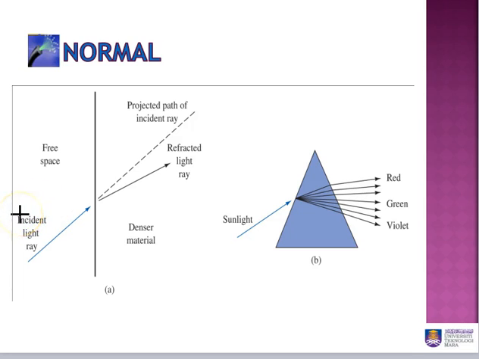For example, for this case, this is the normal, and for this case, this is the normal line. So the incident light ray's projected path should be this way, but having a denser material, the light is refracted.